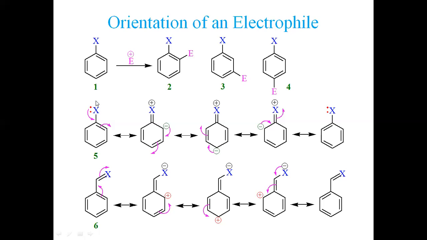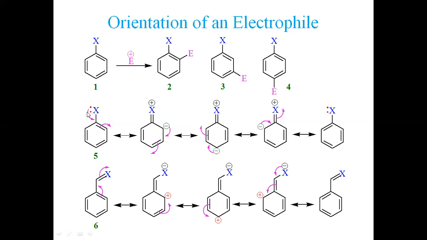If this X contains a non-bonding electron pair, like the halogens, oxygen, sulfur, selenium, or nitrogen, phosphorus, arsenic, etc., they have a lone pair present. So what is the effect of this lone pair? This lone pair can contribute towards resonance.